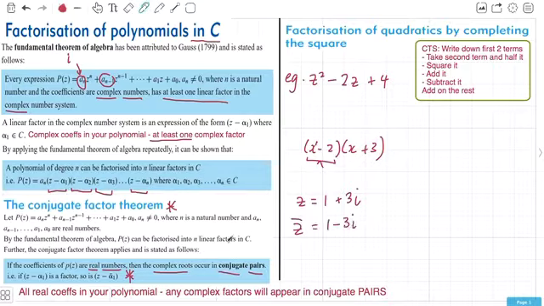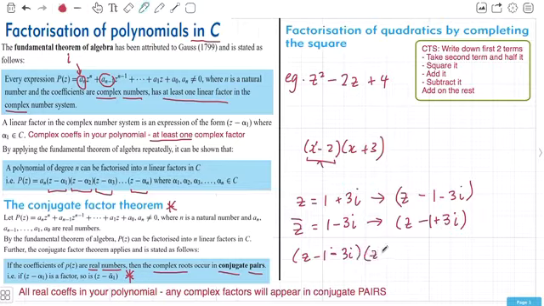The reason that these factors occur in conjugate pairs is because of the factors for these. It's always the opposite sign of what you have in the bracket, so you'd be looking at z minus 1 minus 3i, and z minus 1 plus 3i. When you have these two factors next to each other, if you expand out, because you've got a conjugate pair, you'll find, and we'll just do this one, z squared minus z plus 3zi minus z plus 1 minus 3i minus 3zi.